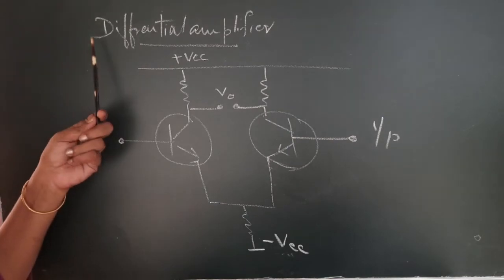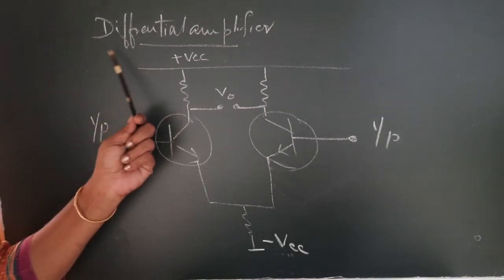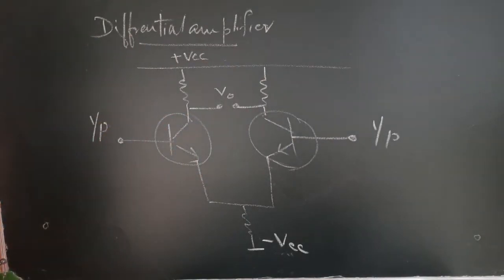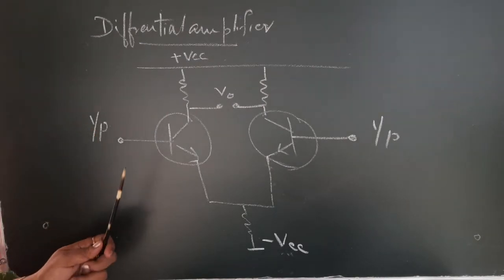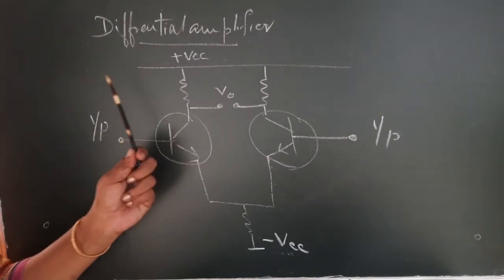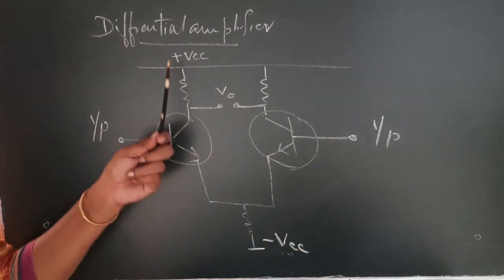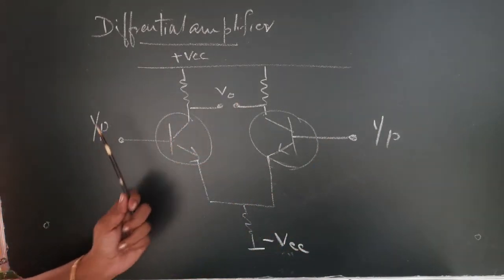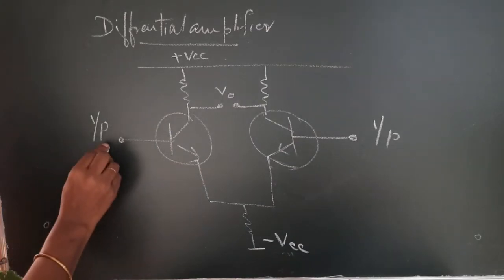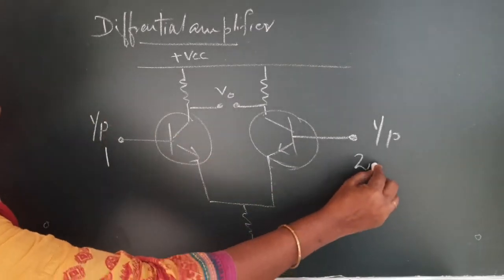As I had said, we will just have a look at what is differential amplifier. Just an overall idea. In the differential mode, you will have two inputs. That is, you have two transistors, two bases. This is input 1 and this is input 2.